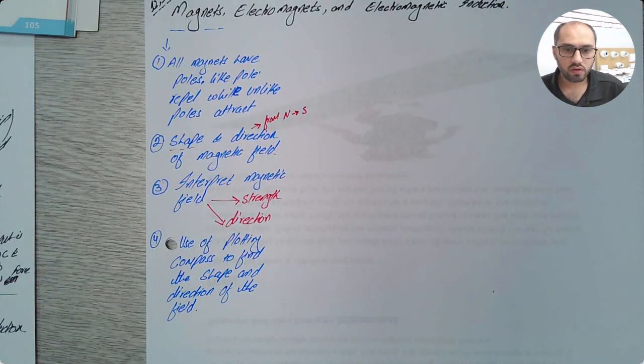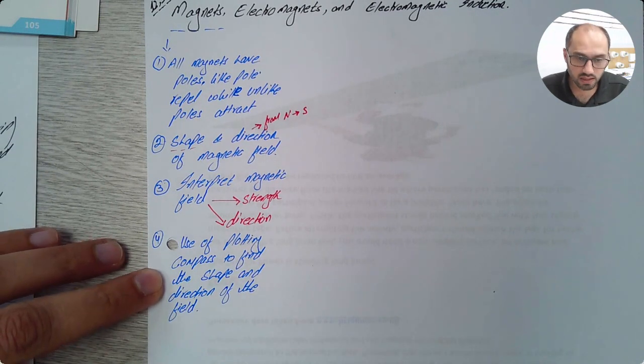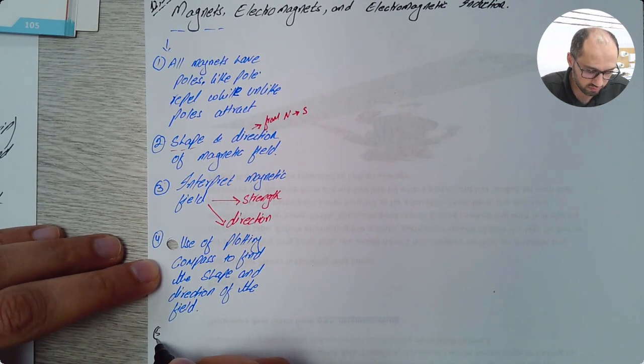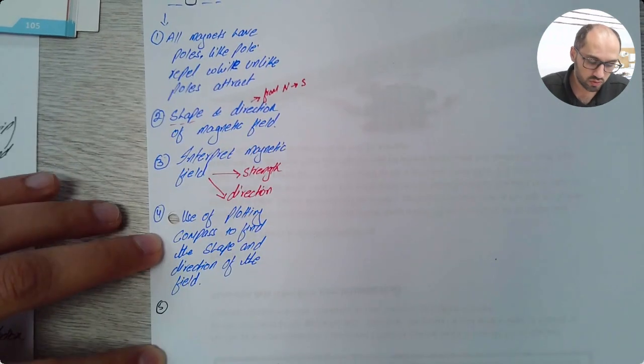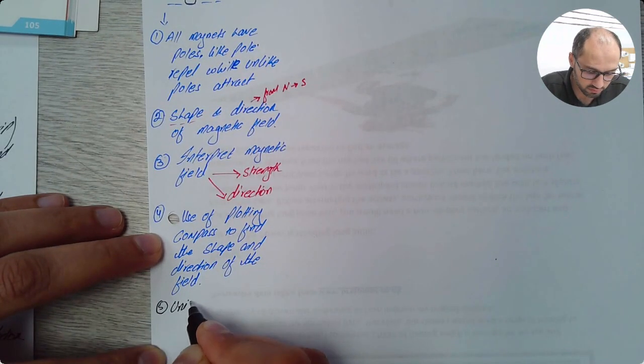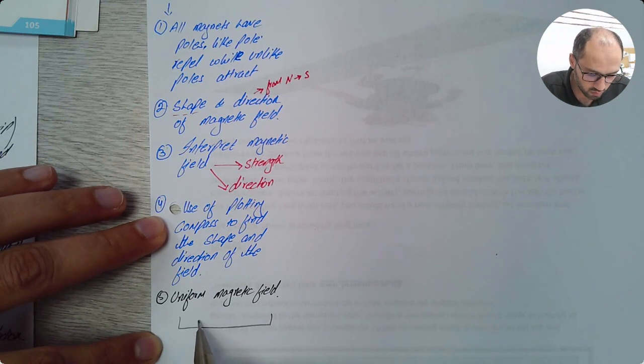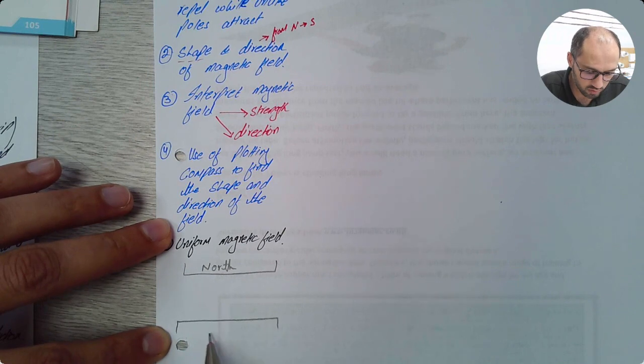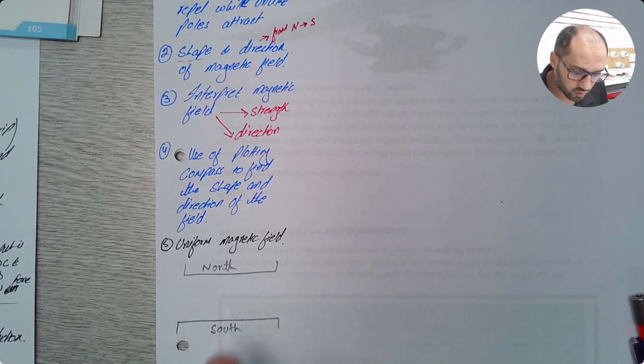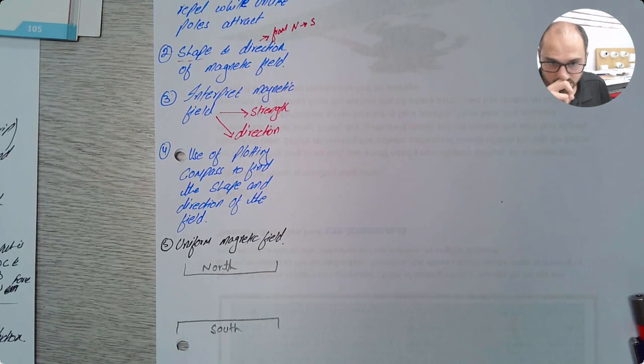Before I move on to the next section, I would like to remind you of something that we have done in our last topic. Just like static electricity, in case of magnets, we can also produce a uniform magnetic field. To produce a uniform magnetic field, we'll need to have a north pole here and a south pole there, both facing each other.